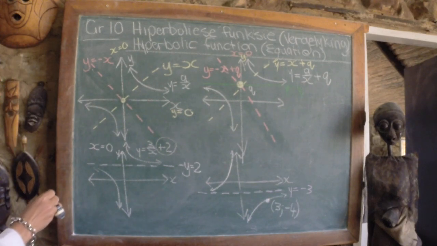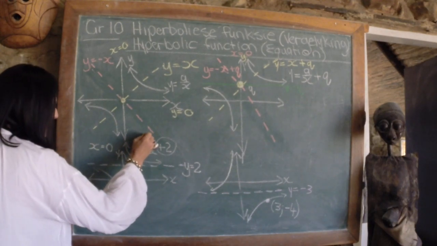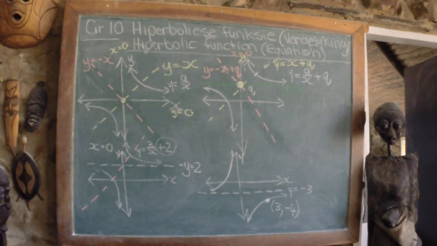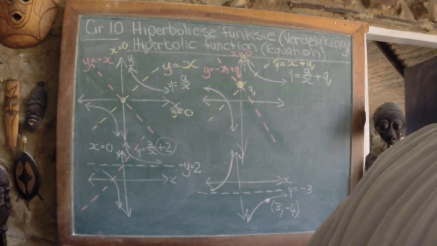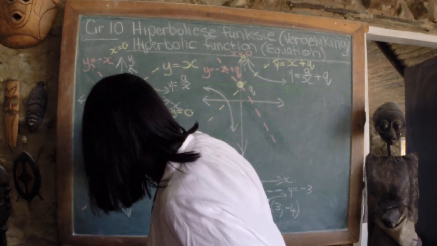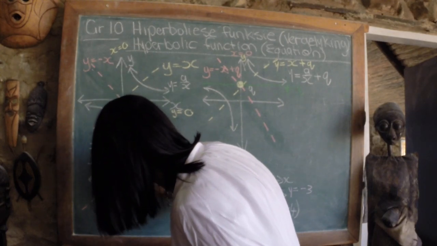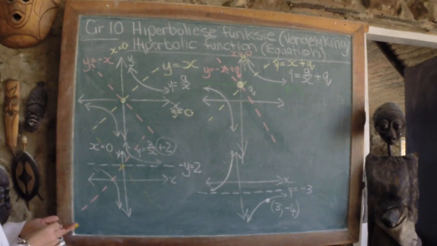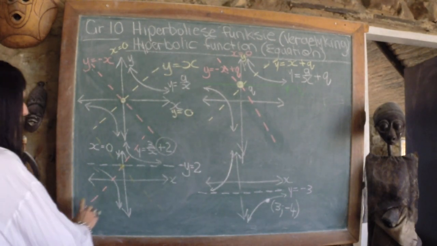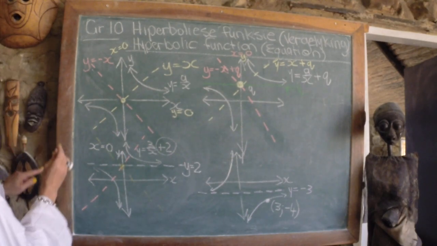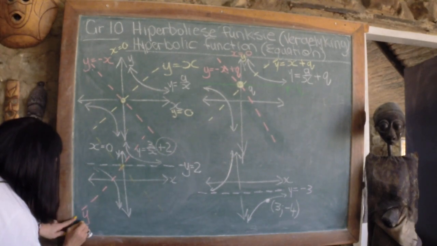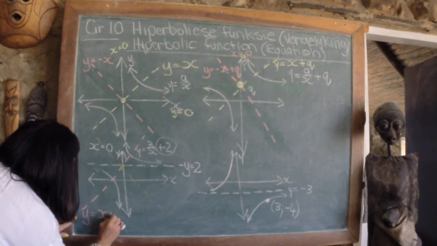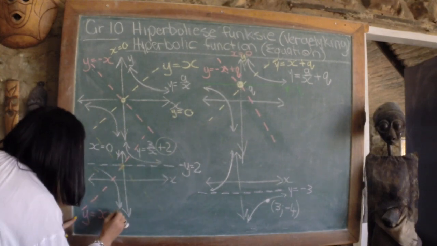Kom ons teken die twee simmetriese asse in. Ons het 'n positiewe simmetriese as, daar is ons hy. En dan het ons, we've got a negative symmetrical axis, hier soos hy. Daar loop hy deur die q-waarde. So, die positiewe simmetriese as se vergelyking het juffrou gesê is altyd y is gelyk aan 1x plus whatever die q-waarde daar is.